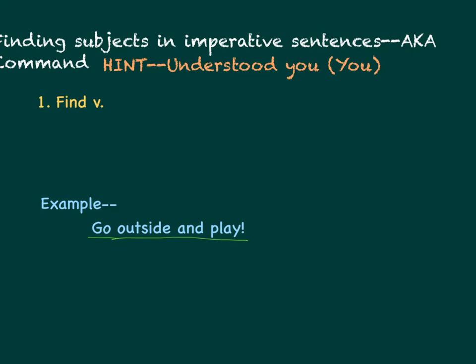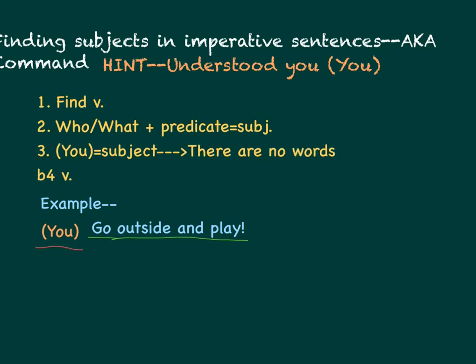To find the subject, I ask who or what go outside and play, and the answer is you, and that would be the understood you. Please be sure to copy down imperative sentences with the definition, the hint, the steps, and the labeled example in your notebook for future reference.